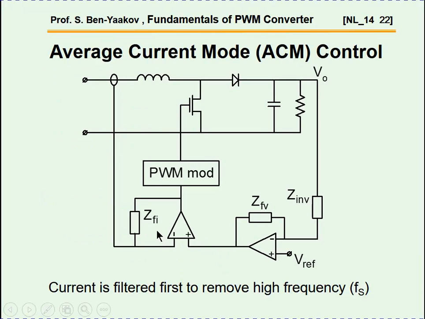Let me at the end add a few words about average current as opposed to peak current mode. Average current mode is also a current feedback. Here we measure the current, but unlike the previous case, we go through an amplifier which attenuates the high frequency.